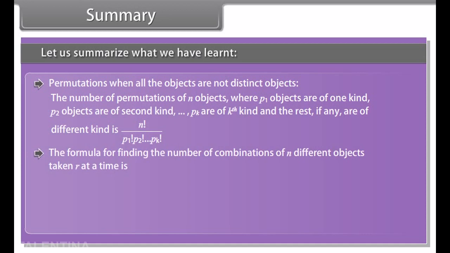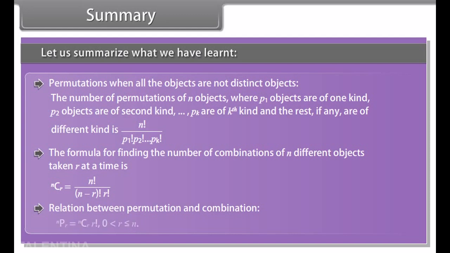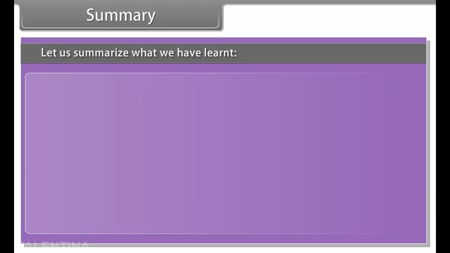The formula for finding the number of combinations of n different objects taken r at a time is nCr equal to n factorial by (n minus r) factorial into r factorial. Relation between permutation and combination: nPr is equal to nCr into r factorial, where 0 is less than r is less than or equal to n.